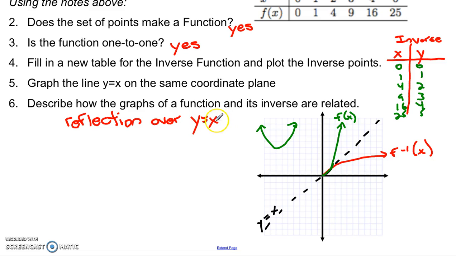Remember that the line y equals x is the collection of all the points that are the same. 1, 1, 2, 2, 3, 3, 4, 4, negative 5, negative 5, negative 10, negative 10. And so it's always that perfect diagonal line. A function and its inverse are always a reflection over that line. And so visually, you can always check if you've done the function and its inverse correctly.